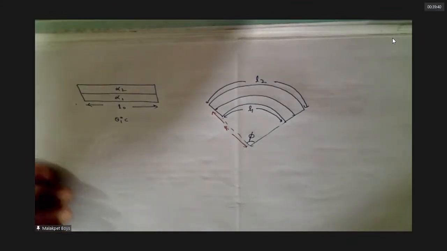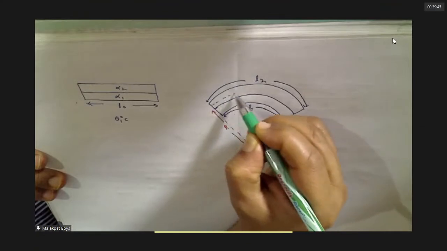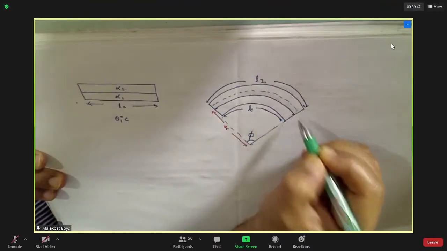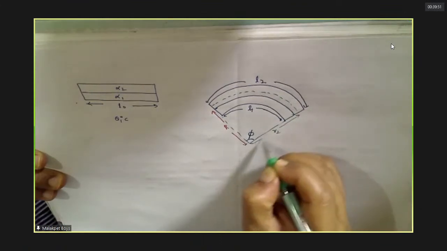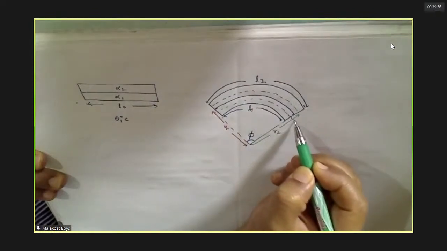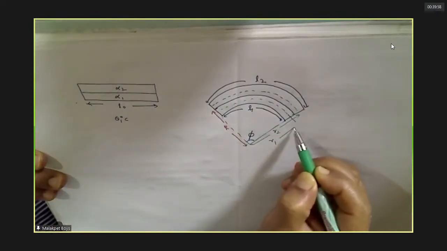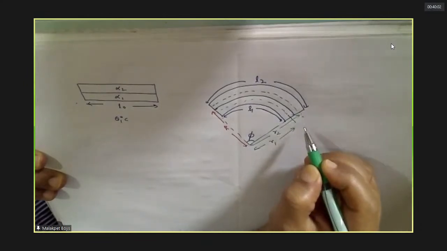And this small dotted part is R2 and the small dotted one, this is R1. Agreed? Yes, sir.